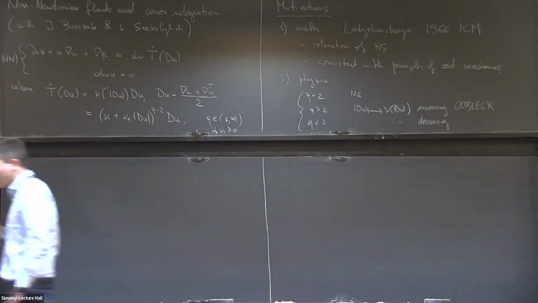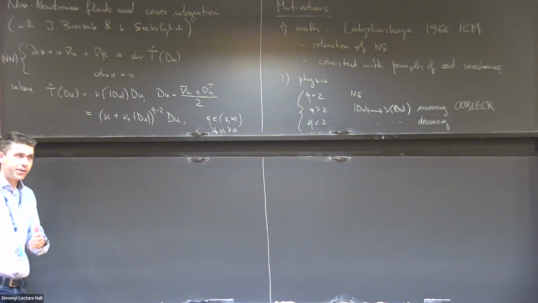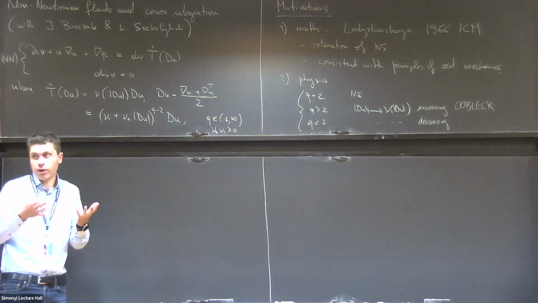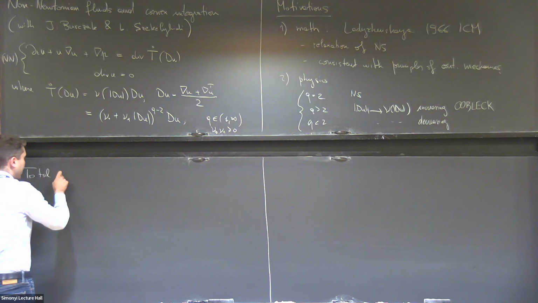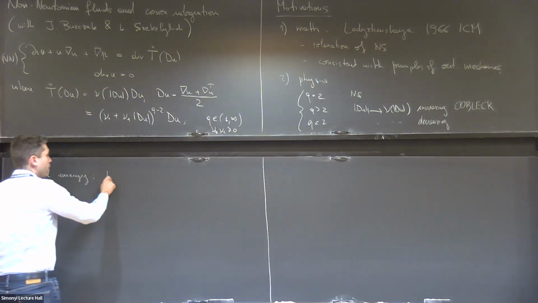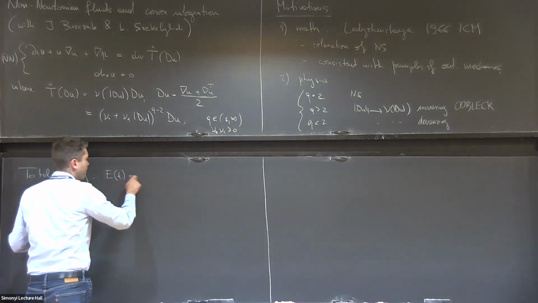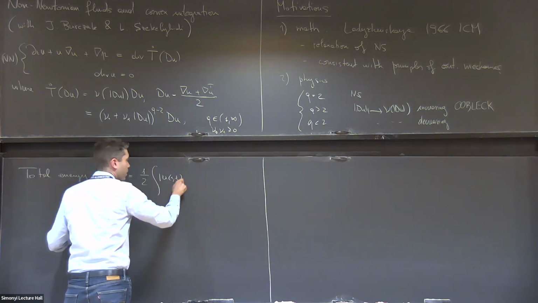So to start doing some analysis, let me observe that as for the Navier-Stokes equation, we have a total energy associated to the system. You take your equation, multiply by scalar product with u, integrate by parts, the usual procedure, and you get that there is a total energy. Let me write it down. This is clearly 1/2 of the kinetic energy.